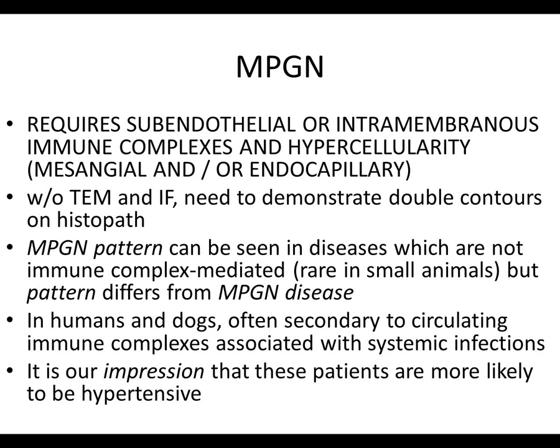Calling it an MPGN pattern of injury does not mean that it's necessarily a membranoproliferative glomerulonephritis with subendothelial immune complex deposits. As an example, if I see something and I'm not 100% sure, it looks hypercellular, it looks like there could be a few foci that are remodeled, I will put in my interpretation that it has this pattern, but I need to wait for immunofluorescence and electron microscopy before I can make a definitive diagnosis.